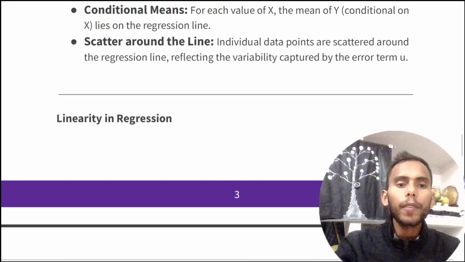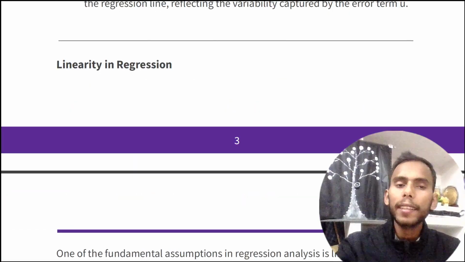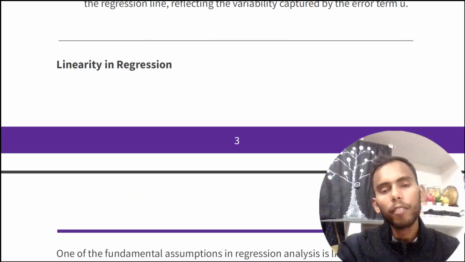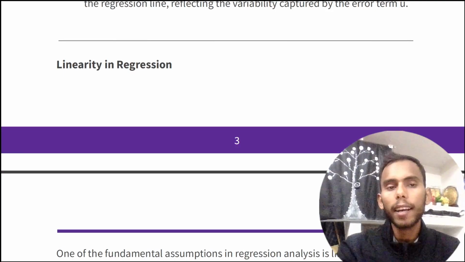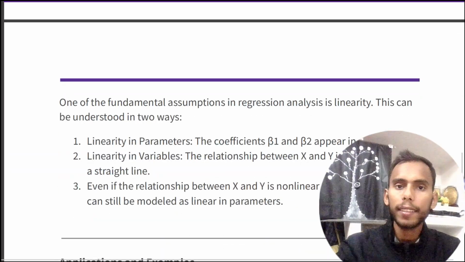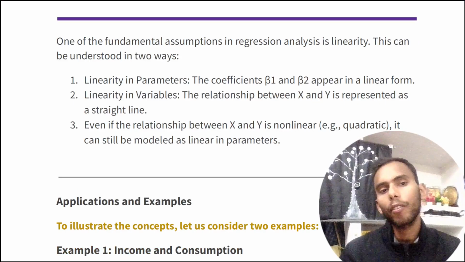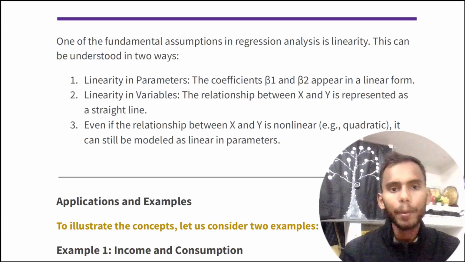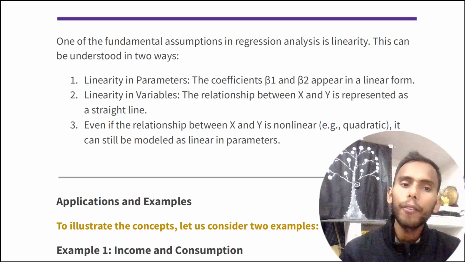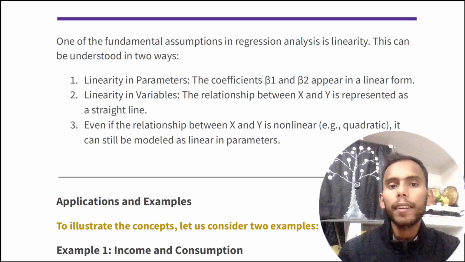So now, another most important concept of regression analysis is linearity in a regression, right? Whenever we talk about linearity, there are two types: linearity in parameters and linearity in variables.